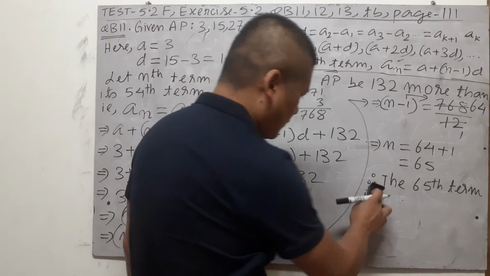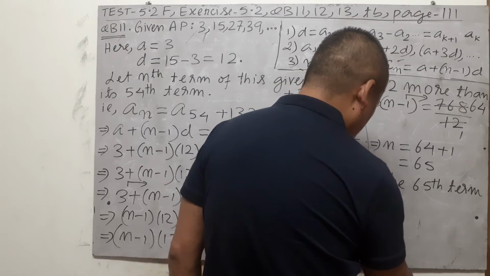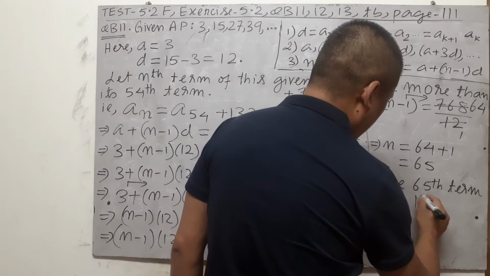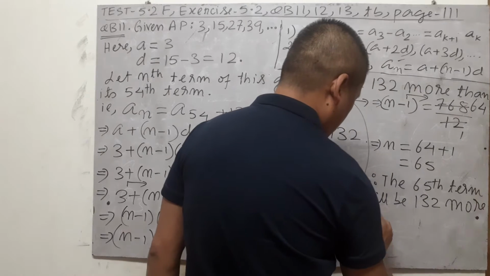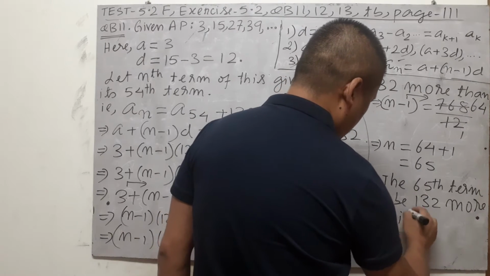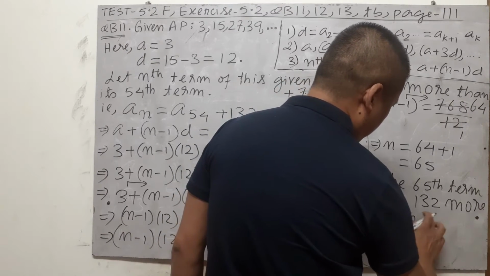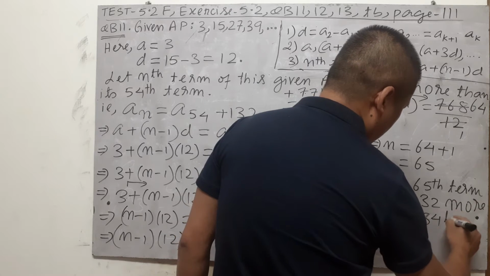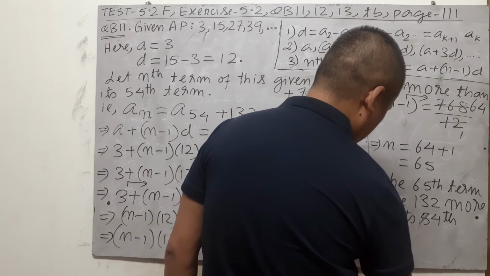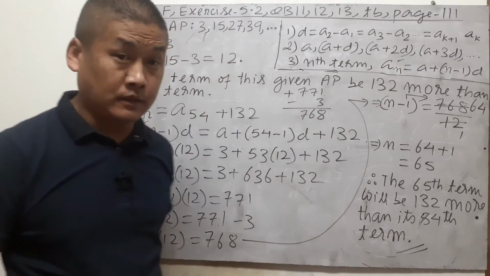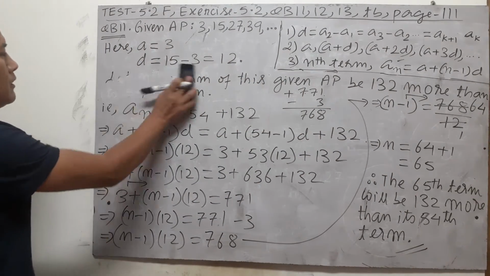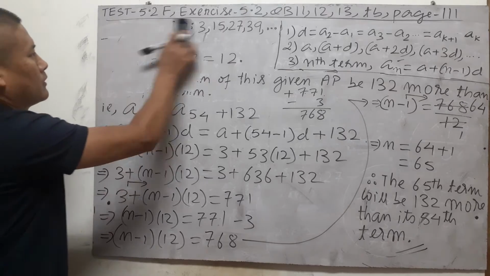You can just use the same statement as the textbook: the 65th term will be 132 more than its 54th term. So the answer is the 65th term. That's your answer for 11.